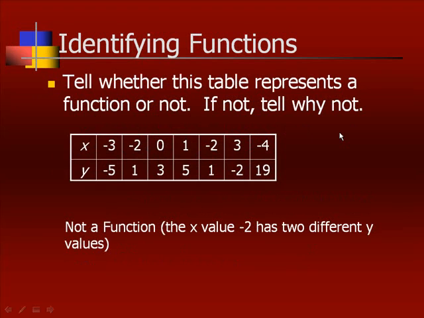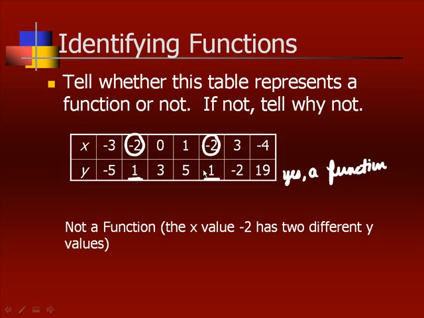Okay, we'll jump down to this one. This one, x is negative 2 here and x is negative 2 here. Normally when you see the same two x values, you say not a function. In this case, if x is 1, y is 1 here, and y is 1 here, that one actually is a function.